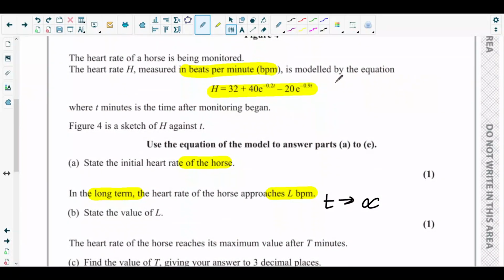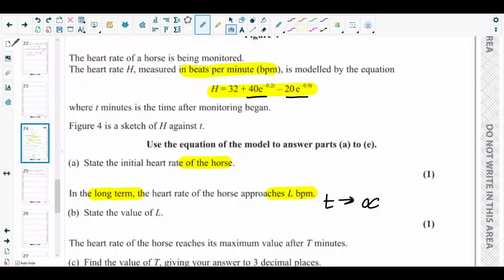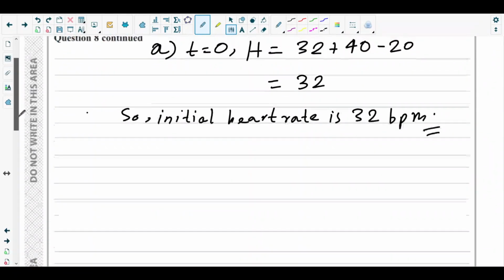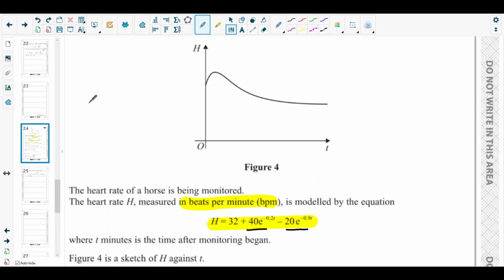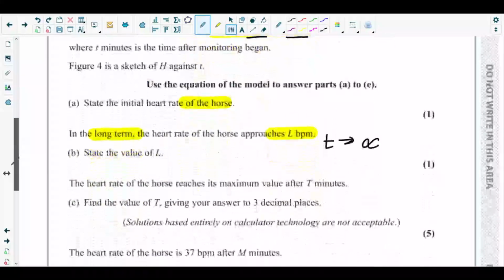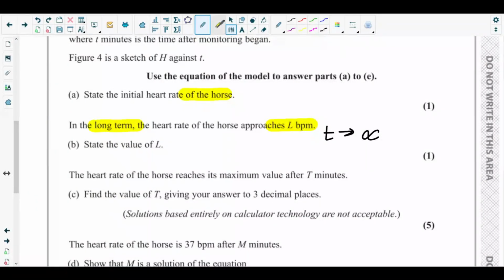So if these two terms are 0, the long term heart rate would be 32. The value for L is 32. That's exactly what part B of question number 8 has asked for.